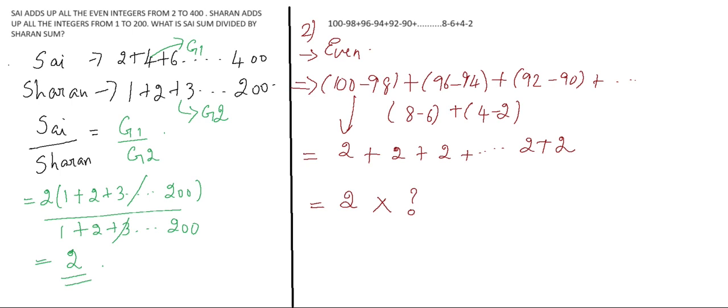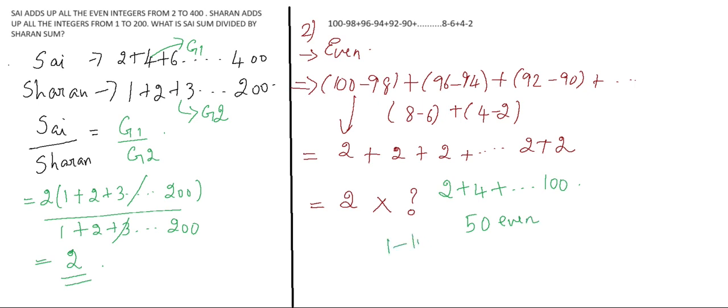Let me choose some other color for clarity. Listen, the numbers from 2 to 100. How many numbers are present from 2 to 100? There are totally 50 even numbers.